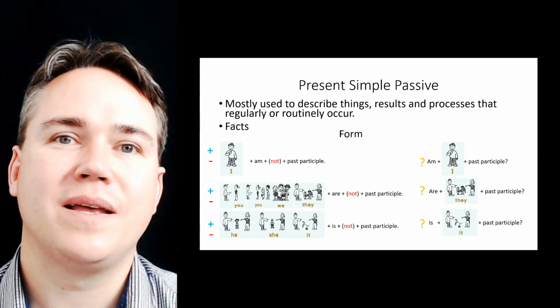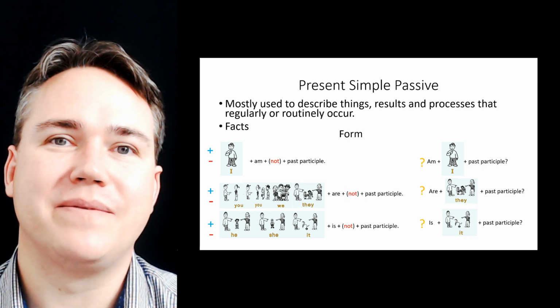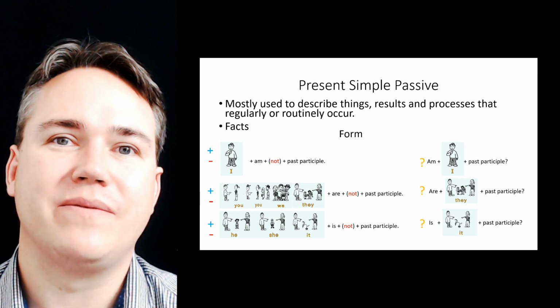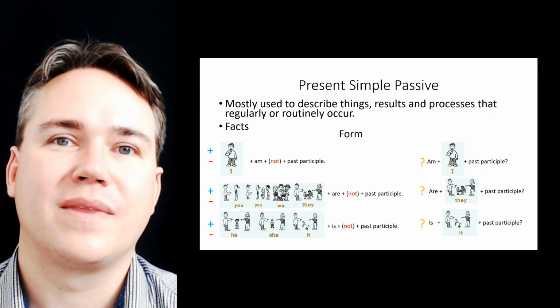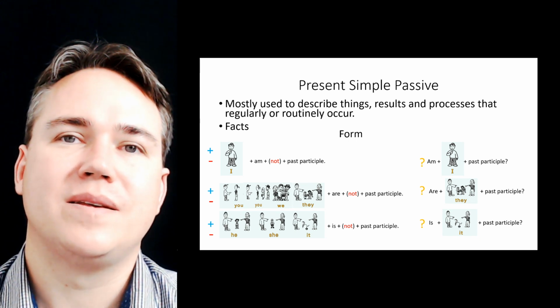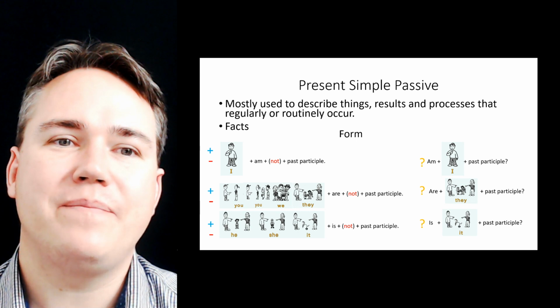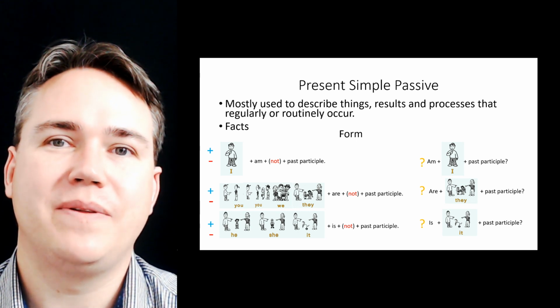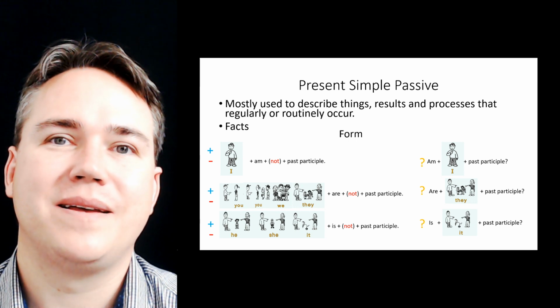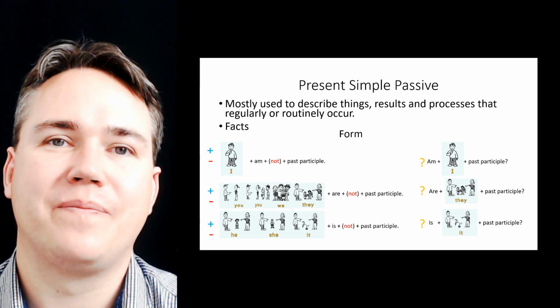So, let's start with present simple passive. Like present simple active, the present simple passive focuses on things that are routine or everyday. Things that are facts as well. So it's I am or I am not and past participle, am I and past participle.